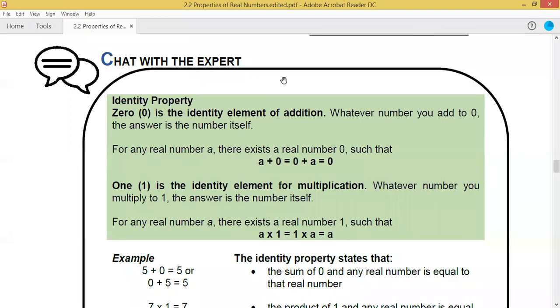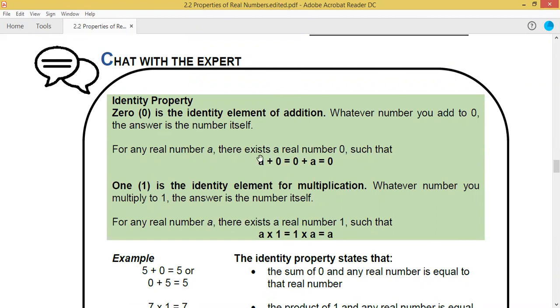Welcome back. This time, let's talk about two more properties of real numbers, the identity property and the inverse property. For addition, 0 is the identity element of addition because whatever number you add to 0, the answer is the number itself.